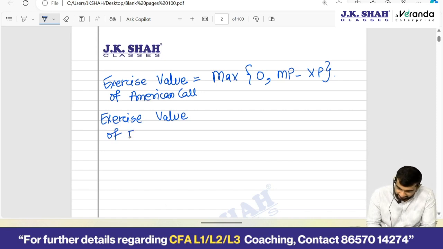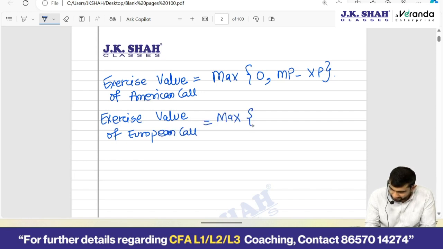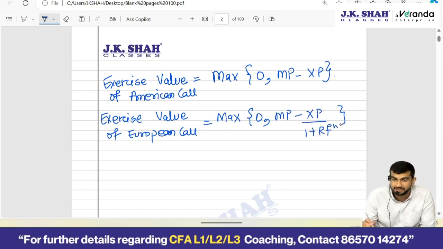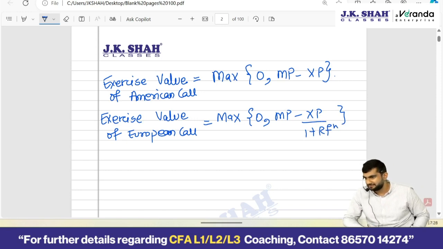Exercise value of European call is maximum of 0, market price minus exercise price discounted at the risk-free rate for the appropriate time period. We had discussed the reason why we do this apple to apple comparison, if you remember.